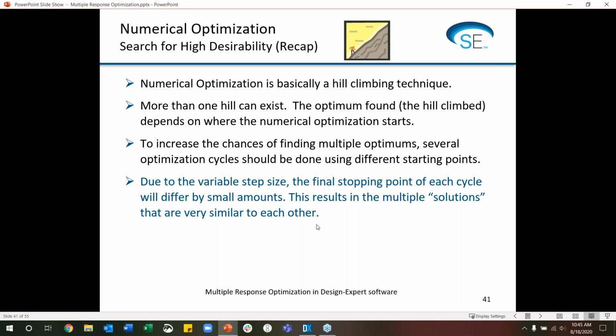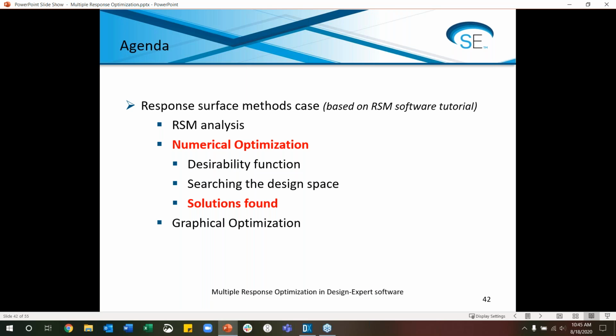It should be good that you're just really finding this spot that's very good. And probably your process cannot be as sensitive as the number of significant digits that are shown in the computer. So just find a good solution and round it, and that will work for you.